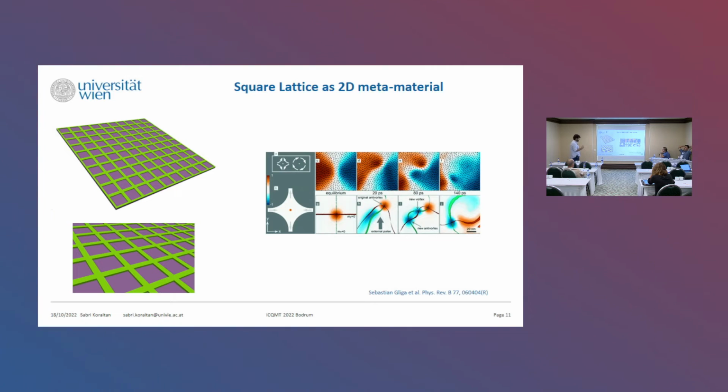I was also a bit inspired by the work of Sebastian Gliga, where they showed micromagnetically that they can switch the core of a magnetic anti-vortex by a field pulse. What they have done is that they apply a short pulse of about 100, 200 picoseconds, and they were able to reverse the magnetic vortex core. So I thought maybe this is something that we can take and later use to our favor, which I will discuss in a moment.